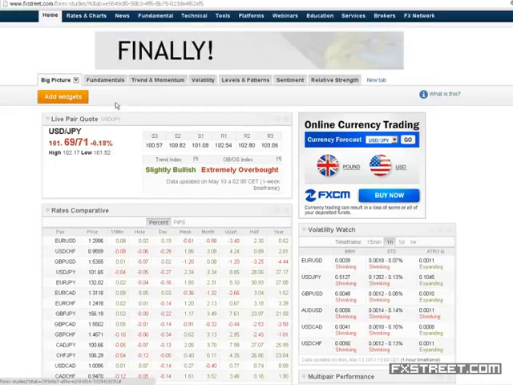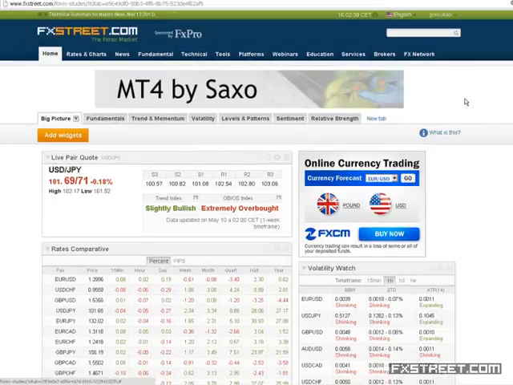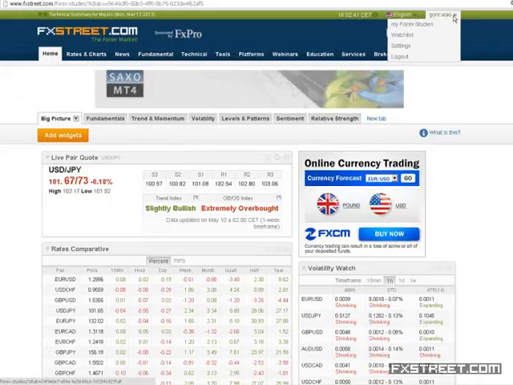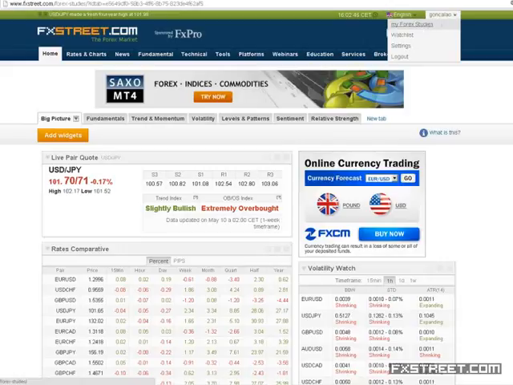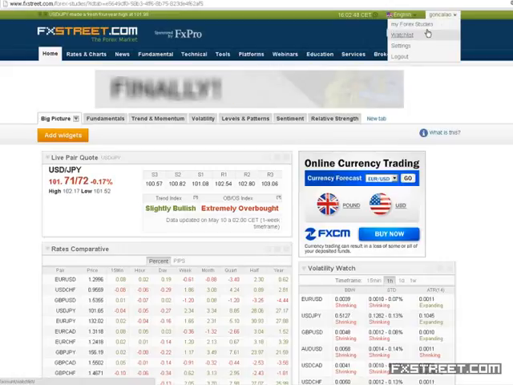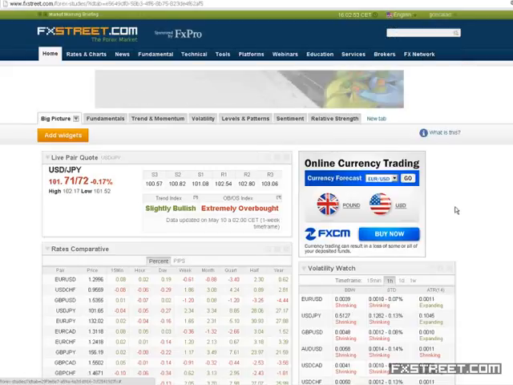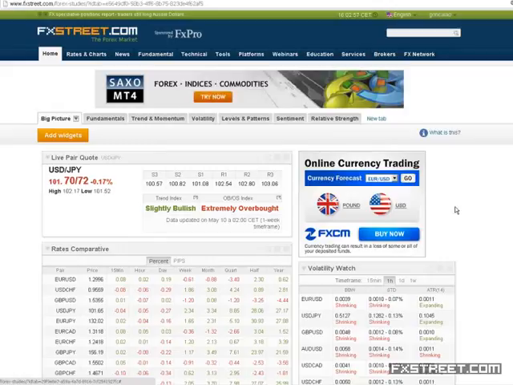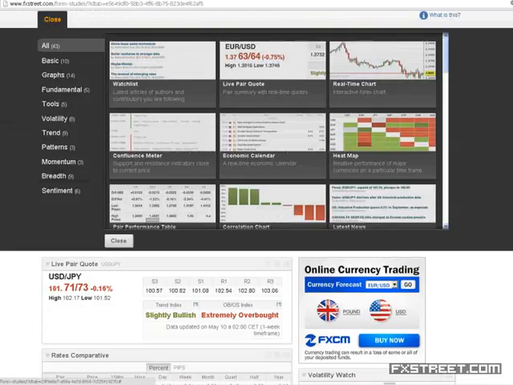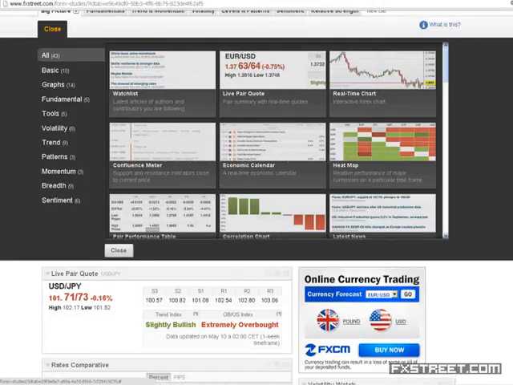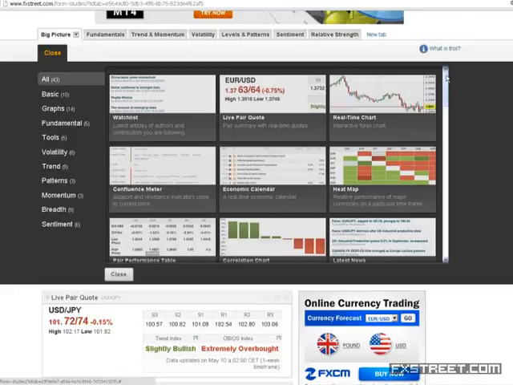This means if you've never been to FXstudies, you can access it if you are logged in. You just go to your username on the top right and then My FXstudies, and you get there. For the first time, you will have some tabs by default, and you can just rename them and add the widgets that you may need for your analysis, for your trading.